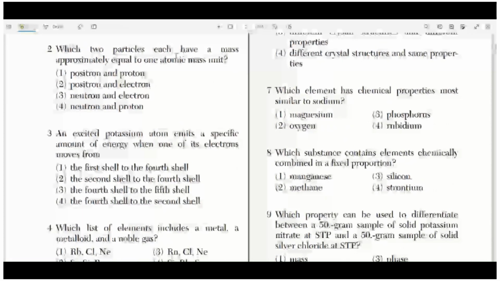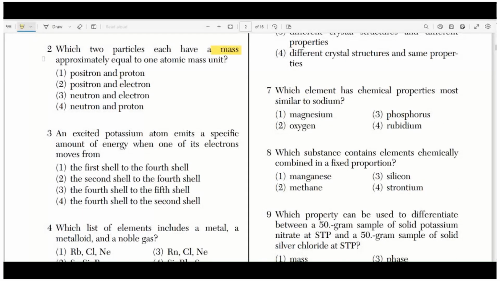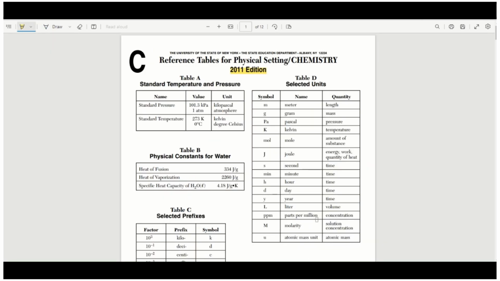Which two particles each have a mass approximately equal to 1 atomic mass unit? Atomic mass unit, remember, has the symbol u. What if you didn't remember that? In the reference table, we have u, atomic mass unit.